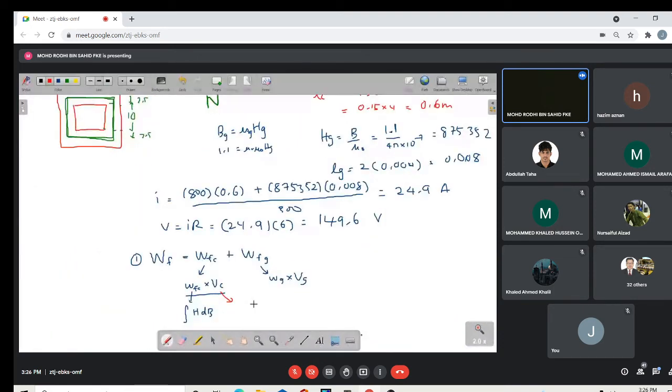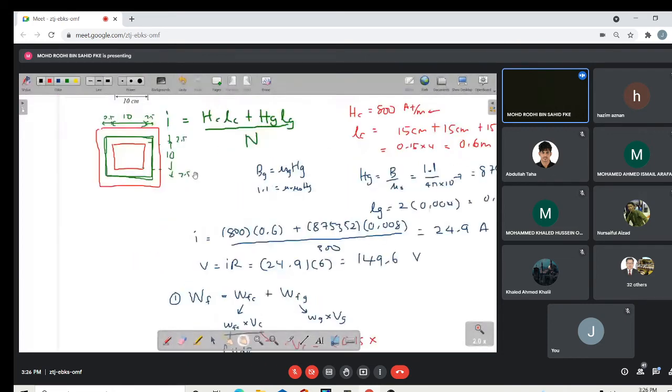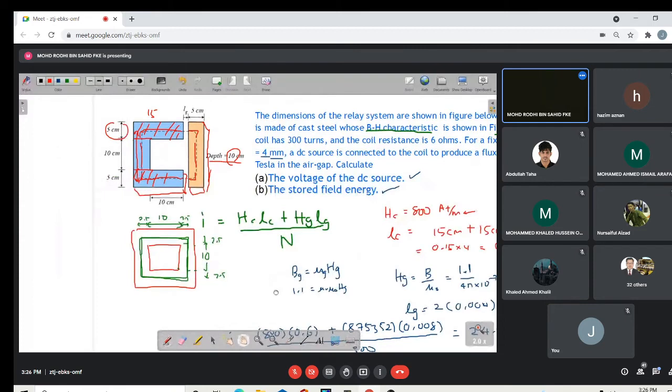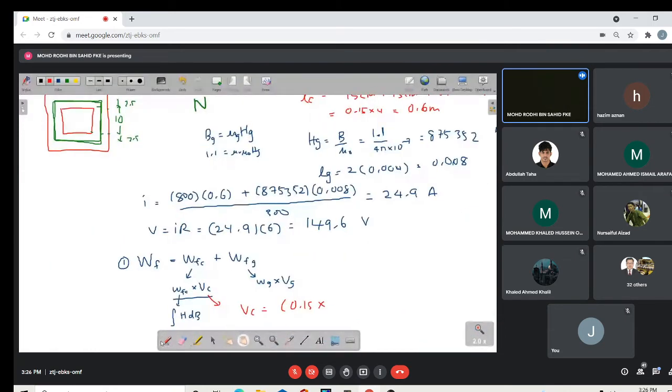Okay, so VC is equal to 15, what is it? 0.15, is it? 15 centimeter, 0.15 meter. Multiplied with this one, 5, multiplied with 0.05.